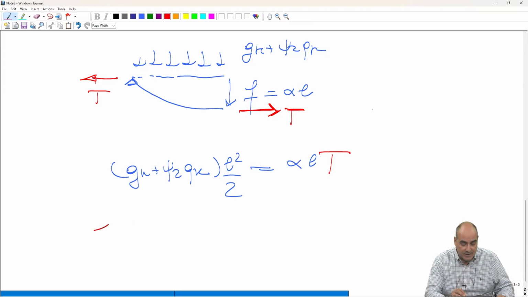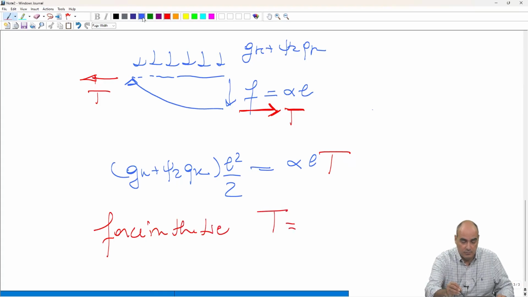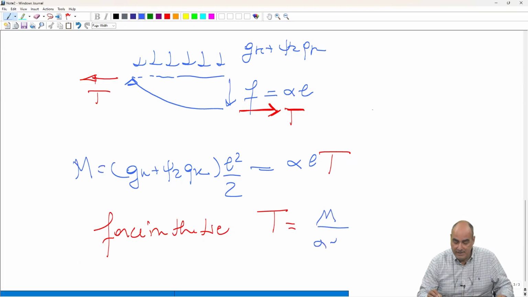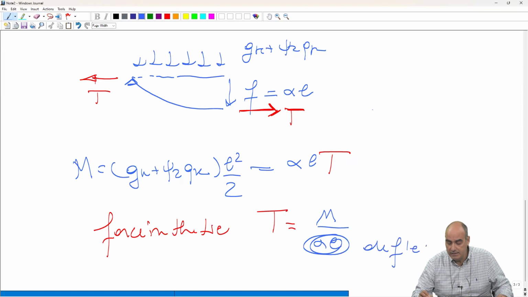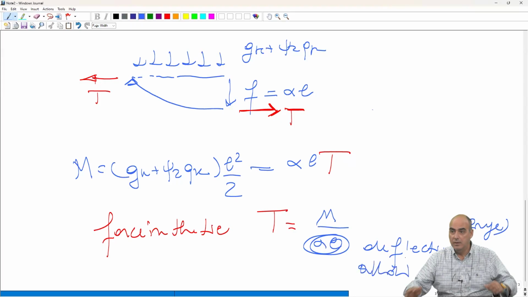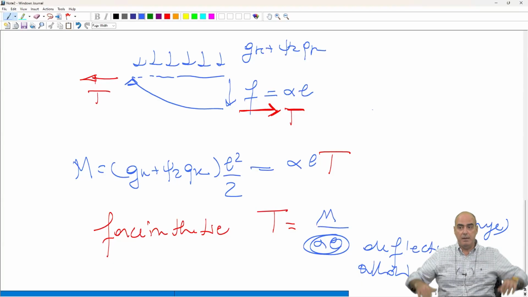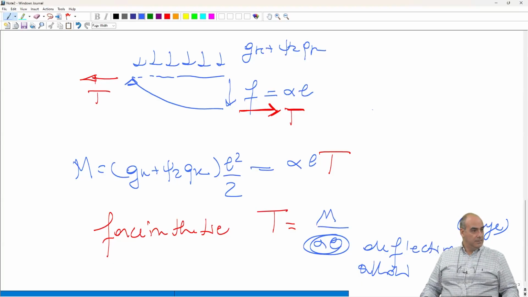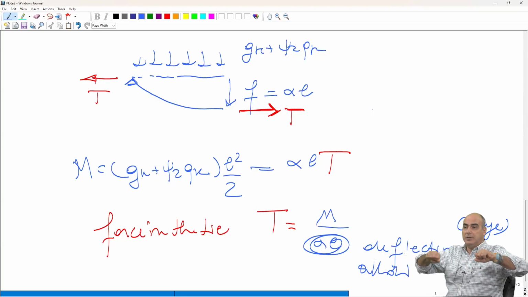So you have the force in the tie, which is T equal to the bending moment divided by the large deflection that you will allow your beam to have. And so you design your tie accordingly.